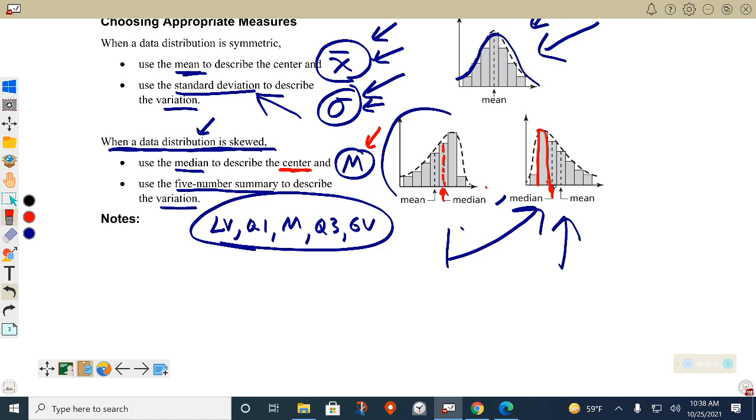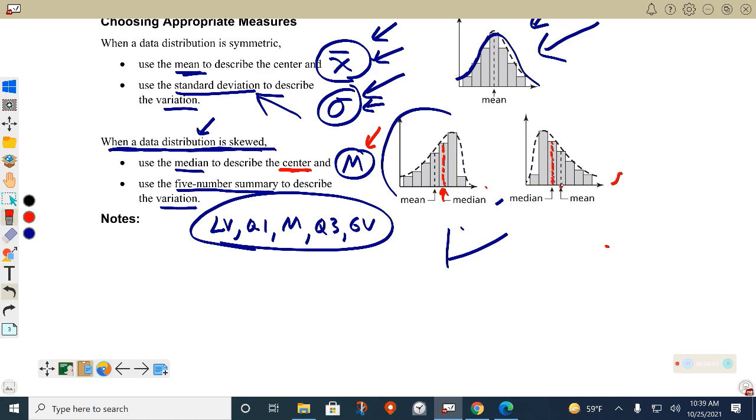The median, notice how the median right here, it's this dotted line along this bar. The median would fall right here, and if these bars actually weighed something, imagine them weighing like 5 pounds each, you could see that the median would balance out the bars if we were to balance them on a scale, so to speak.